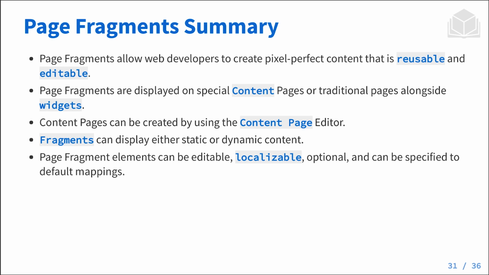They can be created using our graphical editor and displayed on those special content pages. And we can modify the elements to make them editable, optional, or even localizable. So let's take a look at building some fragments together. We can import it, and then we'll walk through an optional exercise where we can actually set up the pages just so you guys can see what all of this looks like when it's said and done. All right, so let's get started.